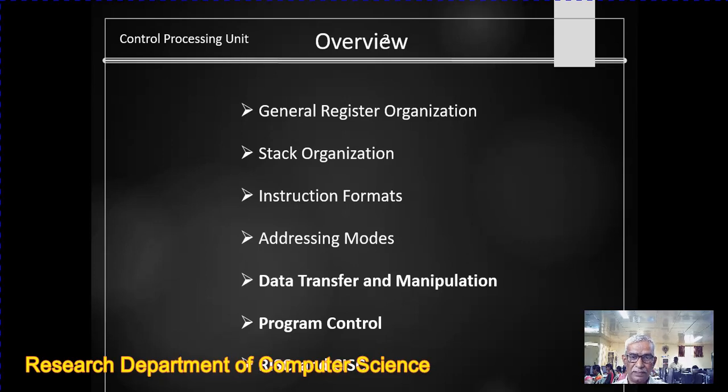All these things are transferred through different wires, and based on the transferred data, the processing, execution, or manipulation takes place. And then program control is used to control all the programs, as we discussed earlier with the multiplexer and demultiplexer. A number of control units are there. Likewise, the last one is RISC and CISC: reduced instruction set computing and complex instruction set computing.